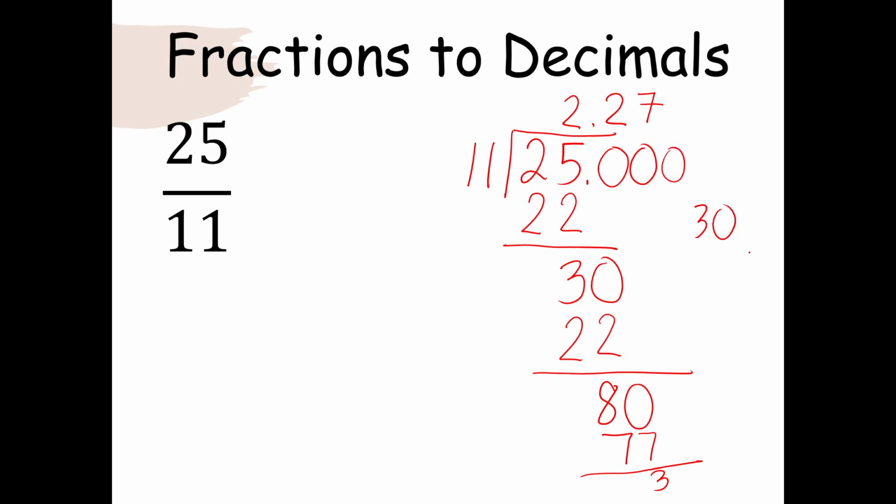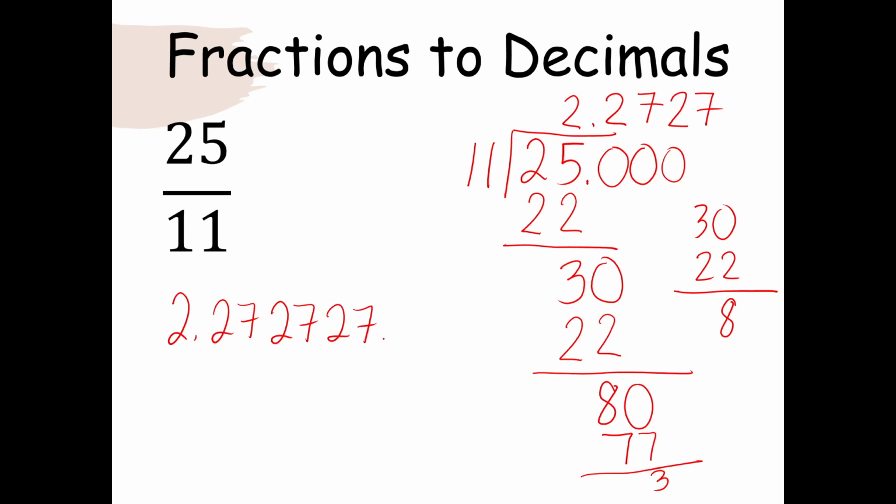Add another 0, 2, next, 22, 8. So it repeats. What repeats? 27. So the answer is 2.27 27 27 dot dot dot, or 2.27 with a bar over the 27. Very good. Is this clear, by the way?